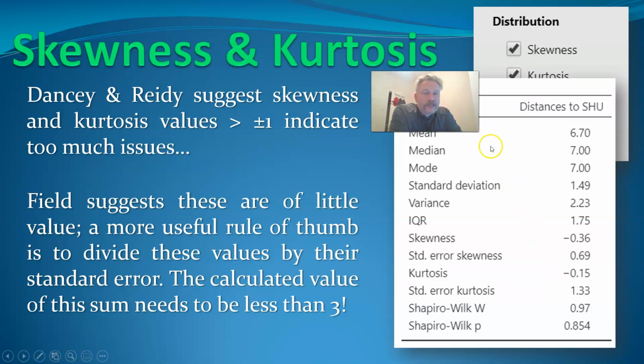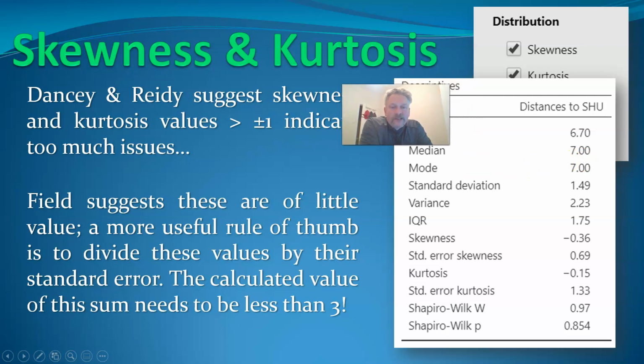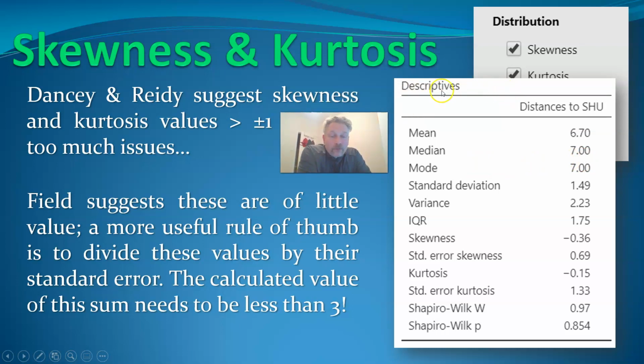Each of these things are just going to be added on to any descriptives that you've already requested. So I'll just move my face yet again. If we've already requested these descriptives, anything else that we add on gets put on at the end of that. So we've got these values of skewness here and kurtosis.